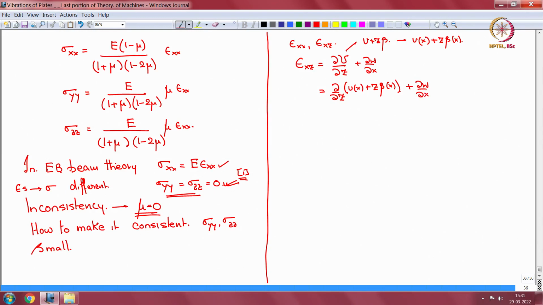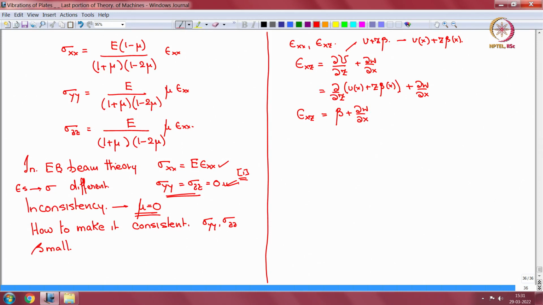Now this is not a function of z, so what I get is epsilon xz is equal to beta plus del w by del x.